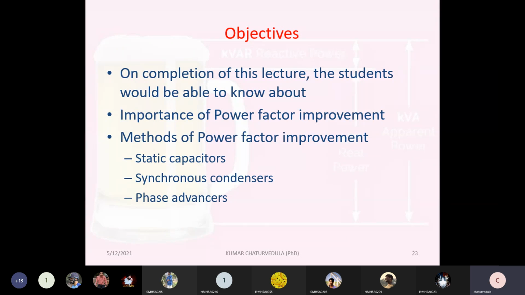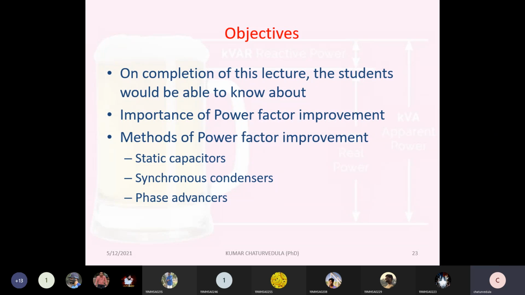Most of the loads are inductive, and because the current drawn by an inductor is always lagging the voltage, the power factor is low. Presence of transformers and harmonic currents are also there. These are the major causes of low power factor, which we have seen.